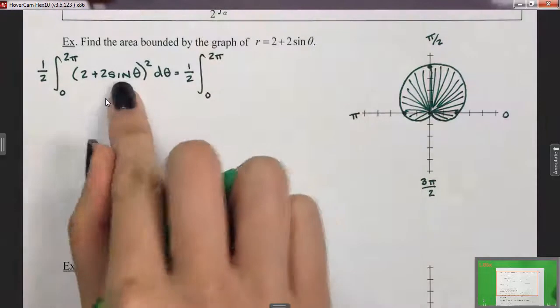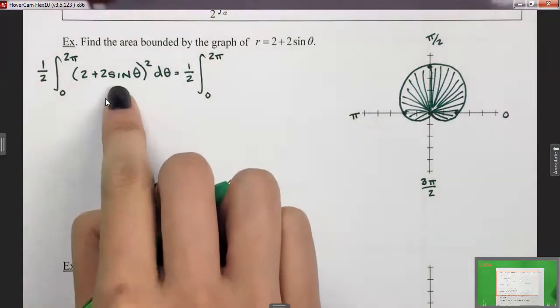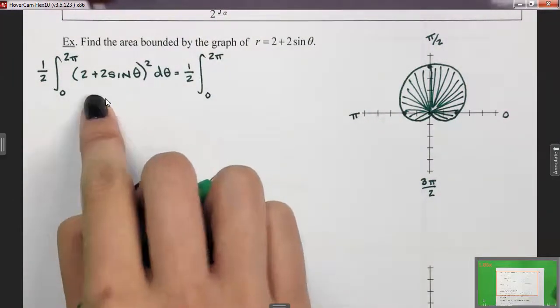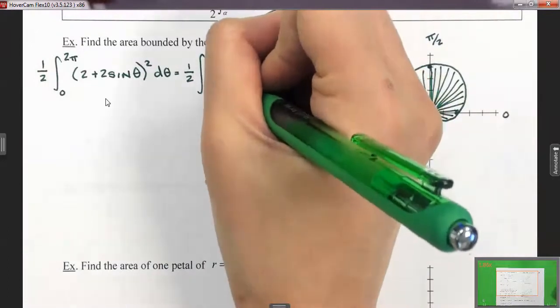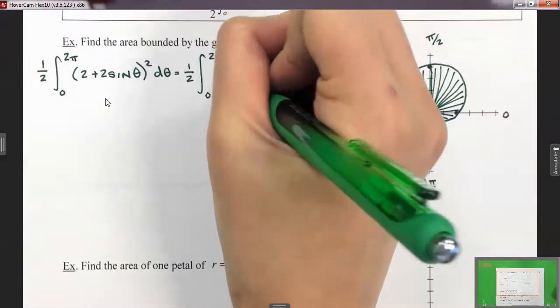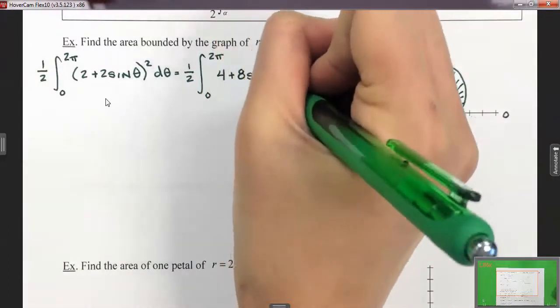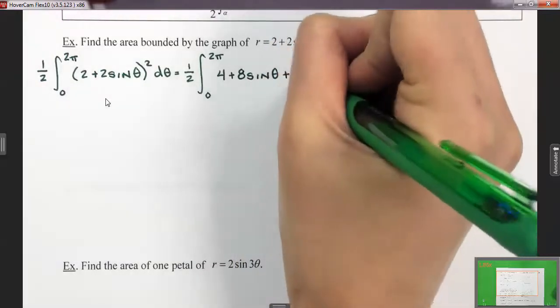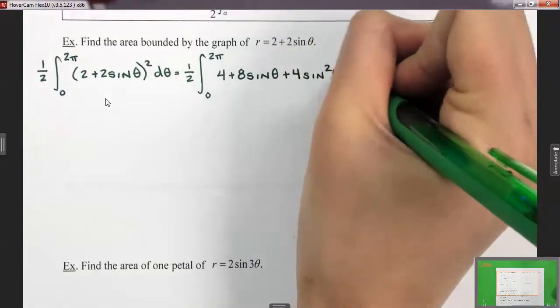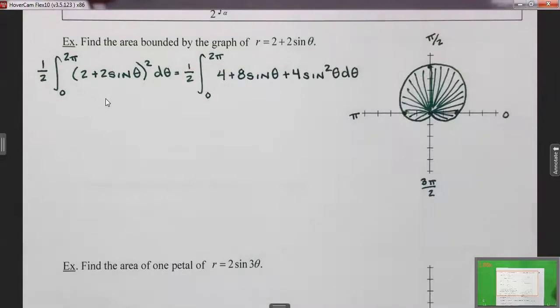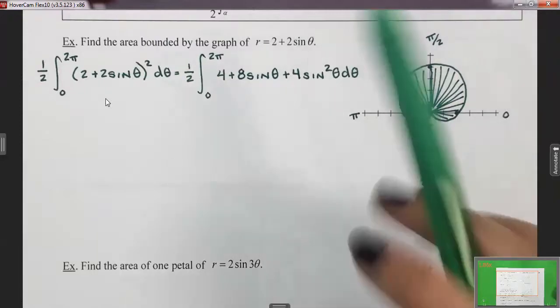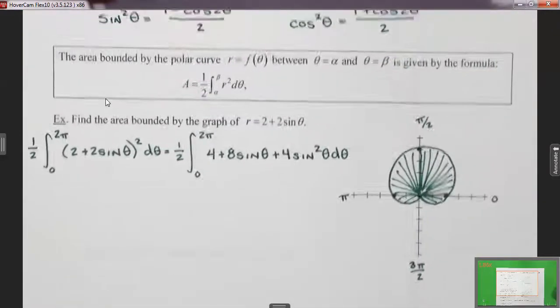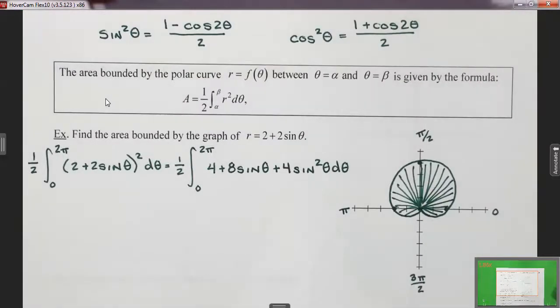No, I can't because I don't have a du of cosine on the outside. So I have to expand this. Okay, so that's all multiplied out. And then here's where you're going to need to use the identities up here, because you don't know the integral of sine squared, because you can't do u sub.